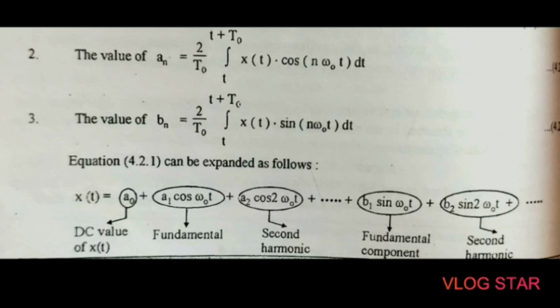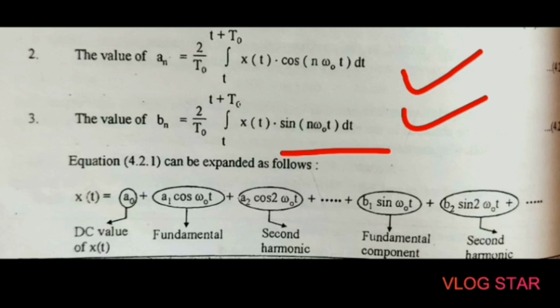The value of an is equal to 2 upon T0 times the integral from t to t + T0 of x(t) cos(n omega0 t) dt. Then the value of bn is equal to 2 upon T0 times the integral from t to t + T0 of x(t) sin(n omega0 t) dt.